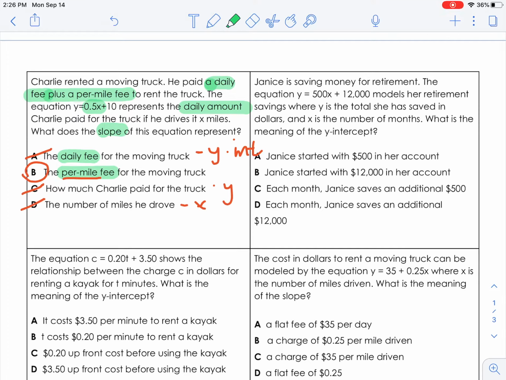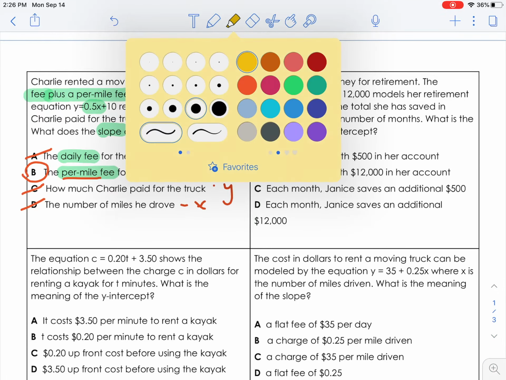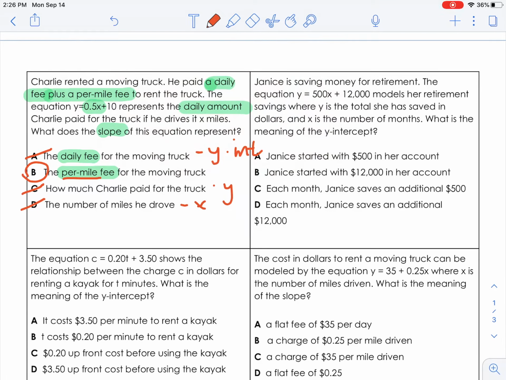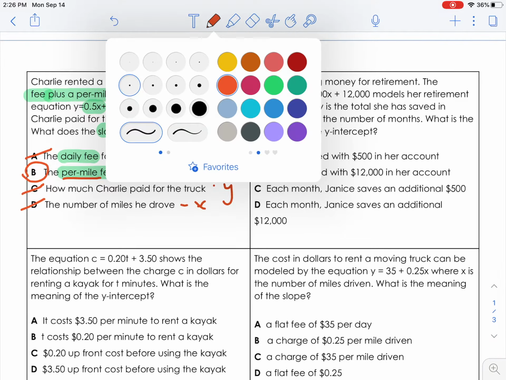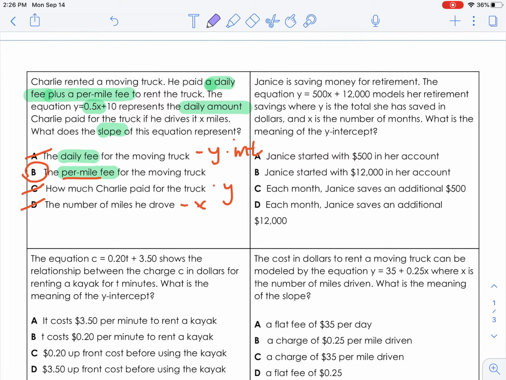All right, next one, we're going to go on over. All right, get my pen right here. Janice is saving money for retirement. This equation models her retirement savings, where Y is the total she has in dollars and X is the number of months. What is the meaning of the Y-intercept? So I'm looking for the Y-intercept, okay?